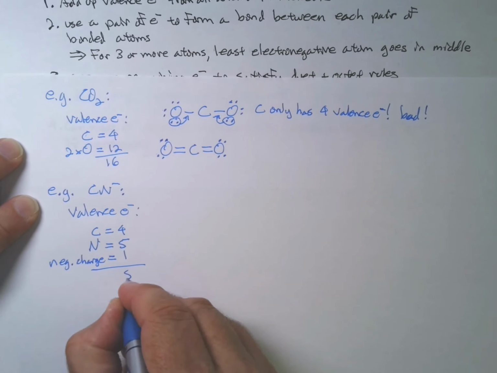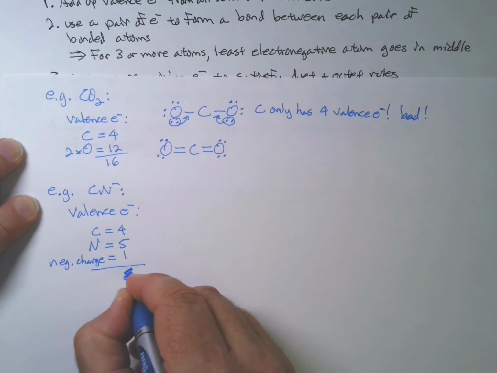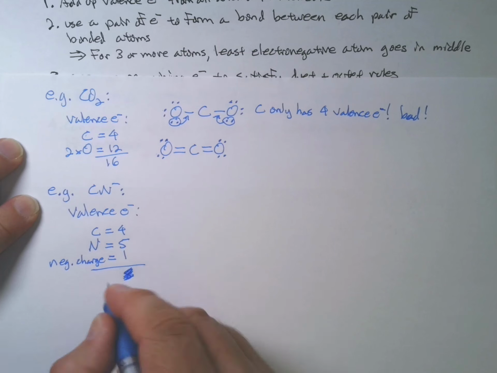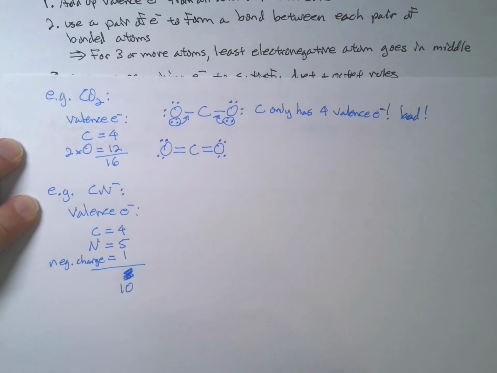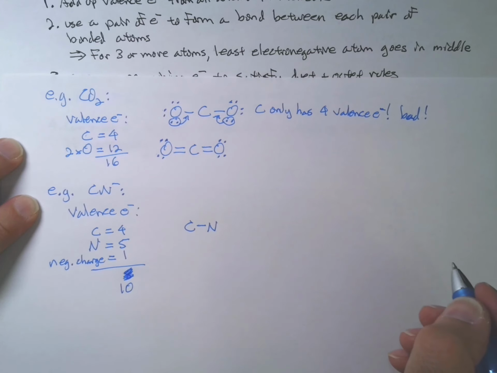So I have a total of 8. That's not 8. That adds up to 10. 4 and 5 is 9 and 1 is 10. 10 valence electrons. So let's do C and N.